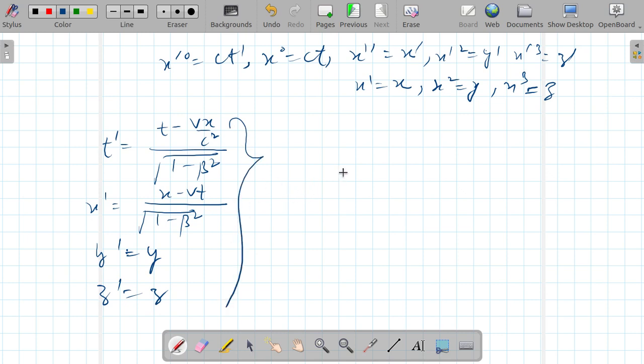So these are basically the Lorentz transformation. And we have derived these from the special theory of relativity.